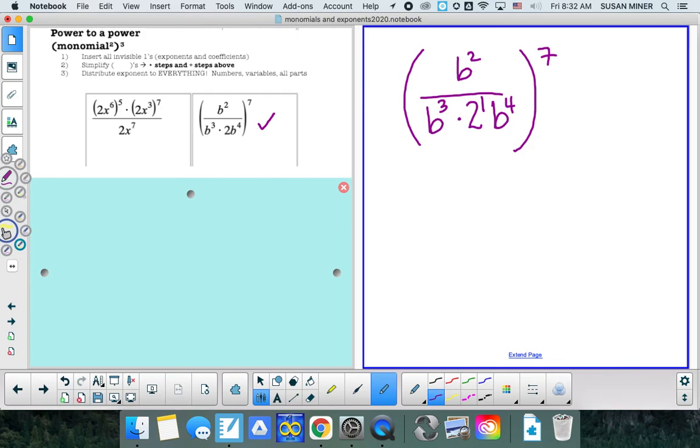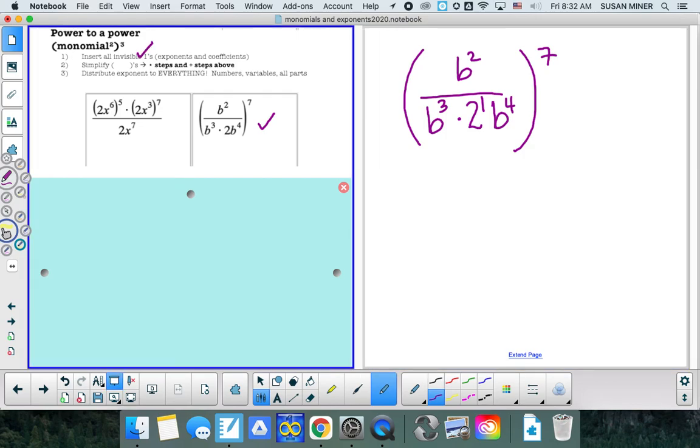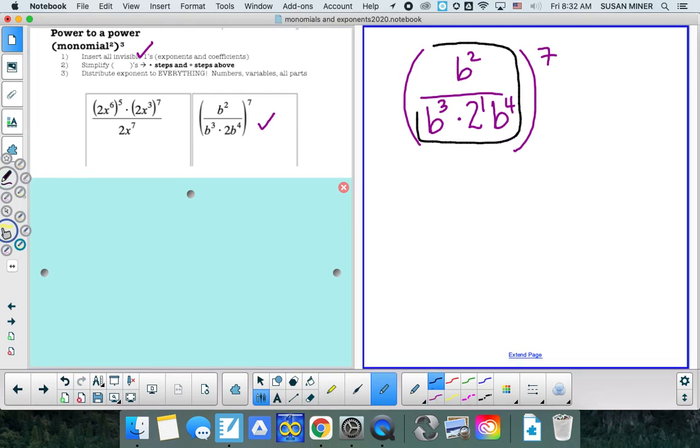That's what I like to do. Now there's a couple of ways that I can do this because my next step says simplify inside the parentheses. So what I can do is I can actually go ahead and simplify all of this stuff inside the parentheses first.